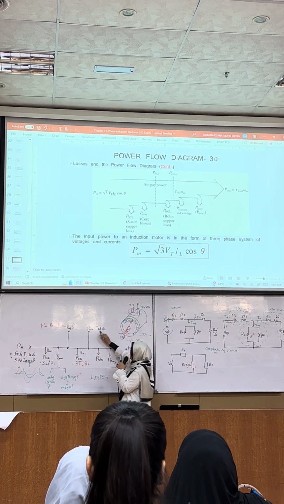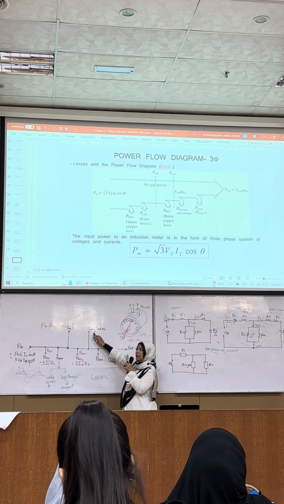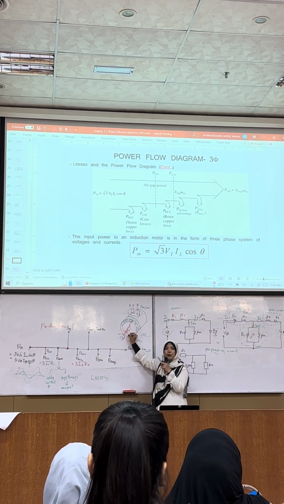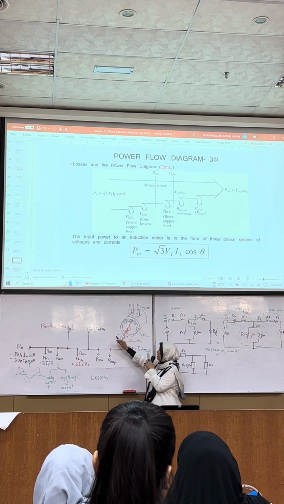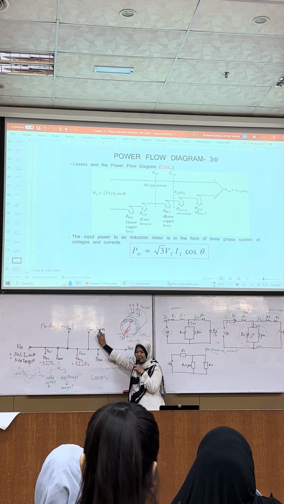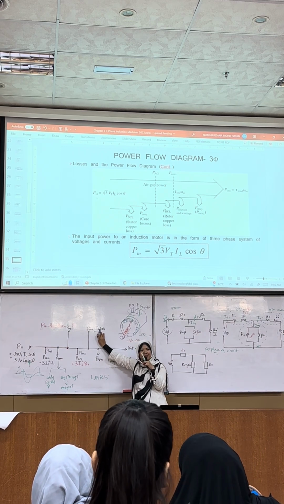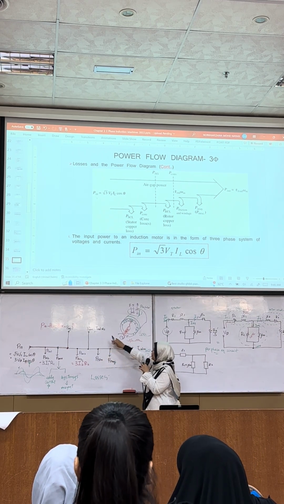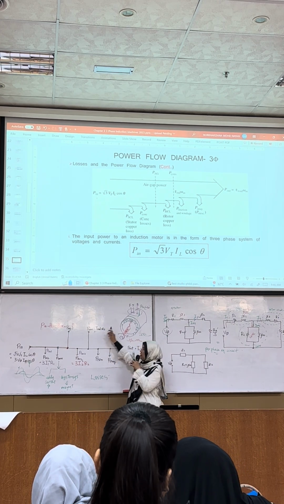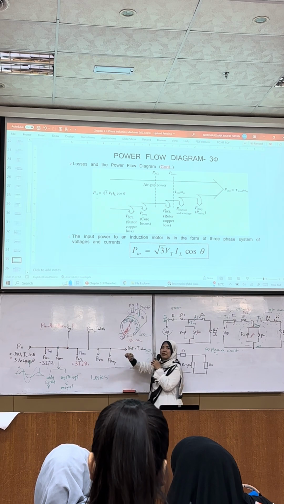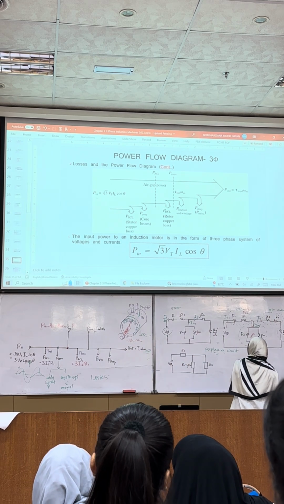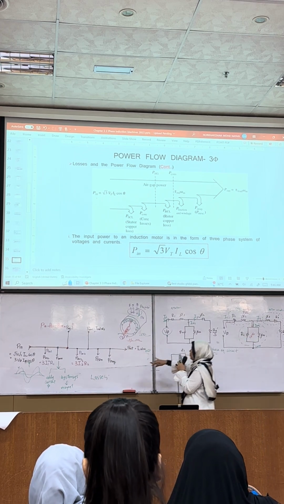So here we can calculate how much power has been converted from electrical to mechanical. Here it starts to use torque versus speed: induced torque multiplied with synchronous speed, NS. I will do the full picture later.